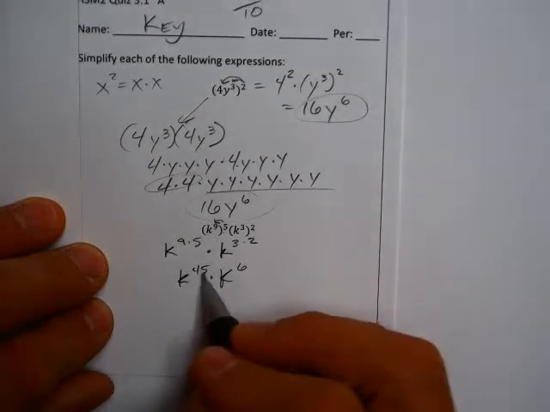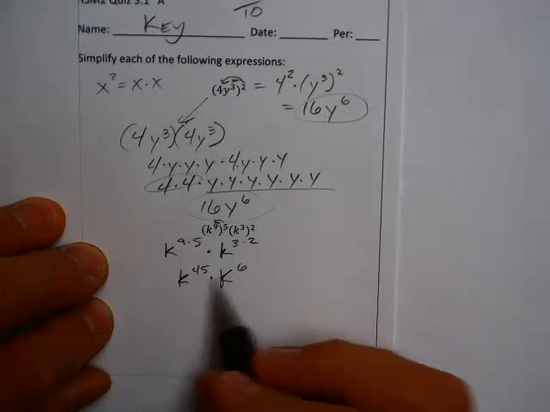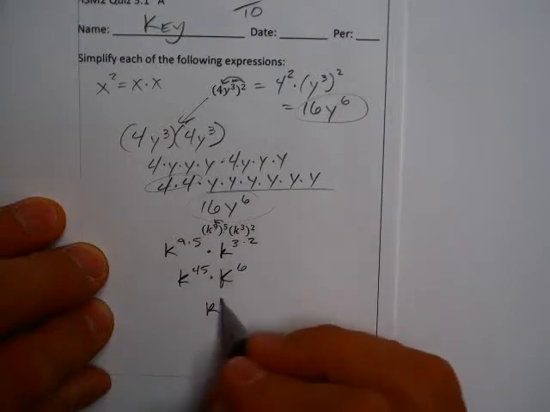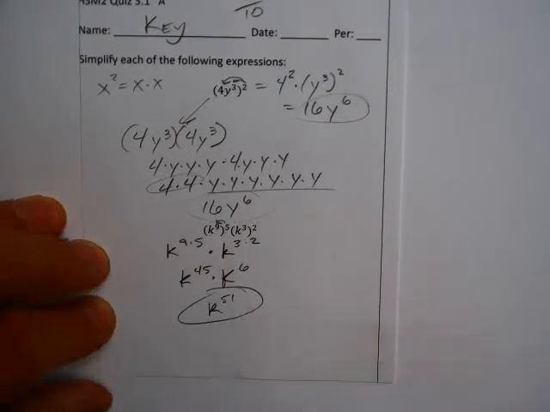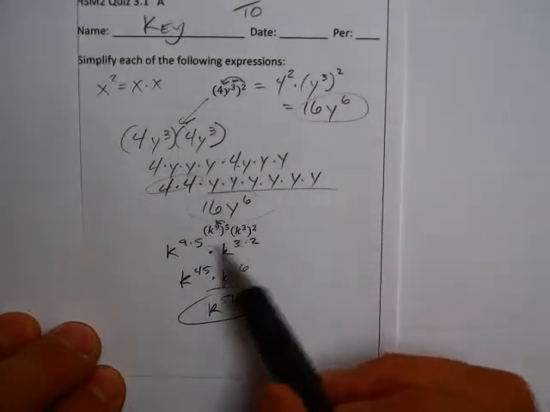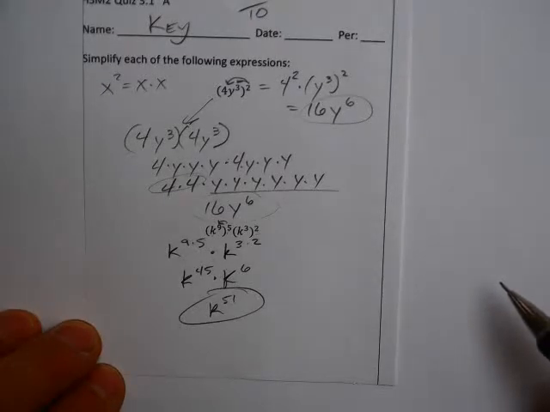Now, how many k's total do I have multiplying one another? Well, there's 45 here and there's 6 there, so that becomes k to the 45 plus 6, or k to the 51st power. So breaking it apart like this is certainly possible here, but I don't think there would be enough paper for it.